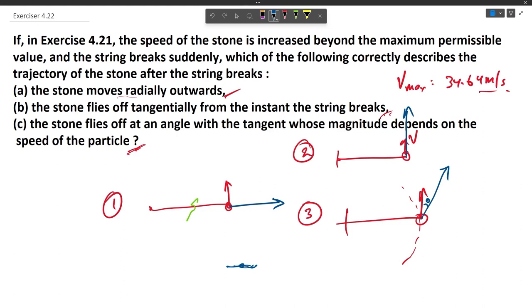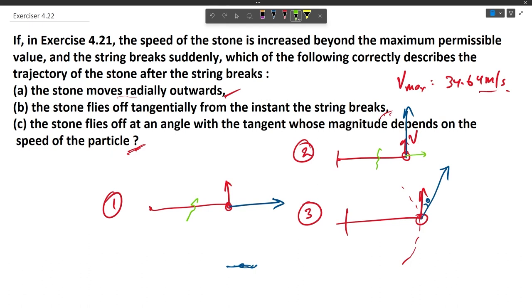So the moment the string is broken, it will stop revolving because there is no tension force acting to constrain it in the path, and thus the centrifugal force that was acting in the outward direction will also go.